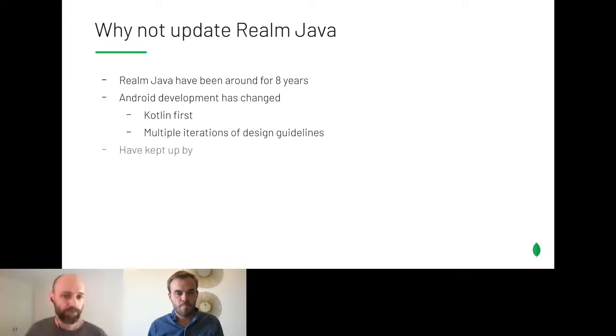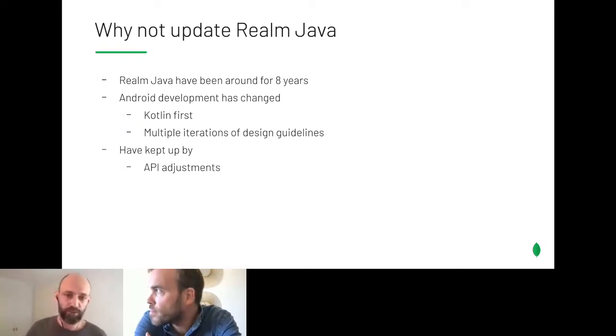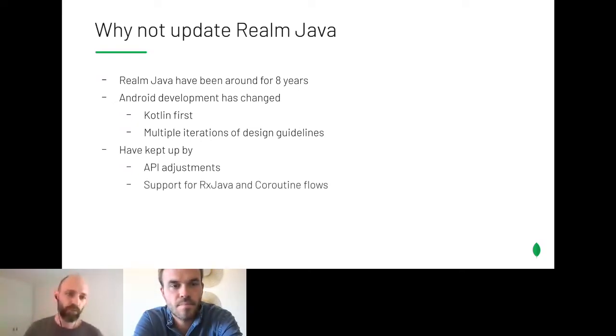We have kept up over the years. We've constantly done API adjustments, both based on new language features, but also from a lot of community feedback on what users would like us to do. And we have tried to accommodate these major new design approaches by adding support for the reactive frameworks, both RxJava and lately coroutine flows.